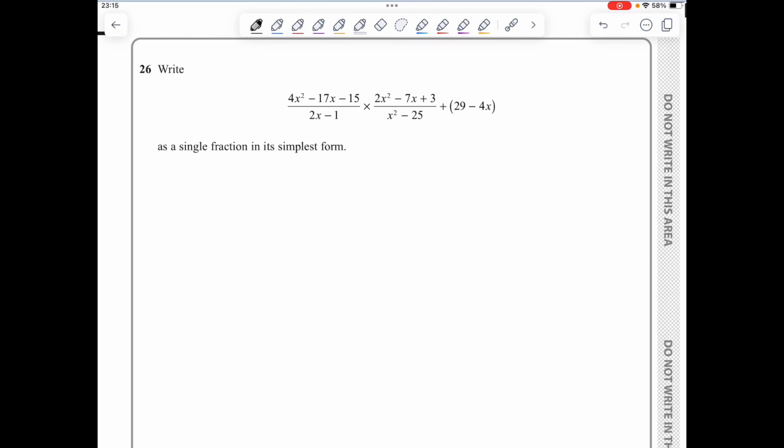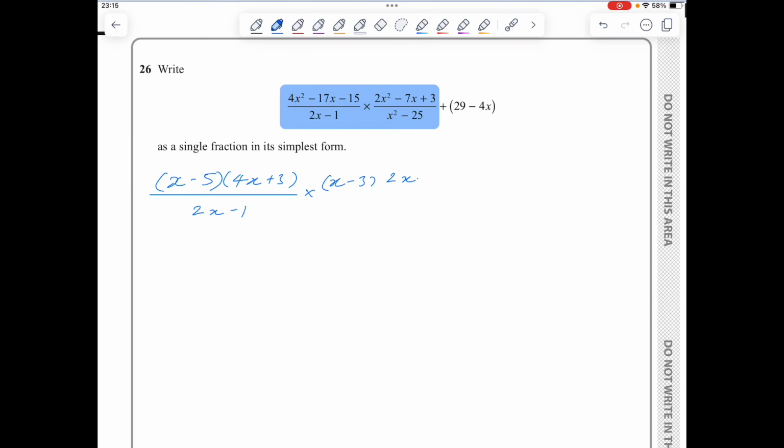For question 26, I'll start from the multiplication, and I'll need to factorize the two numerators and the second denominator. So x minus 5 times 4x plus 3 over 2x minus 1 times x minus 3, times 2x minus 1 over x minus 5 times x plus 5.